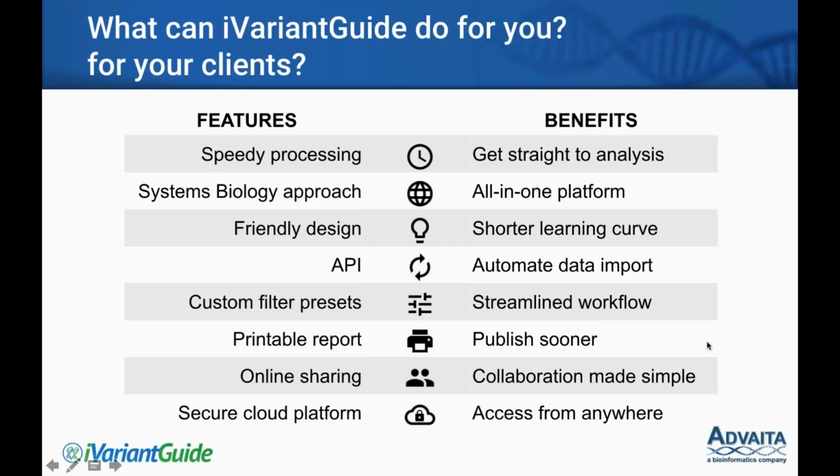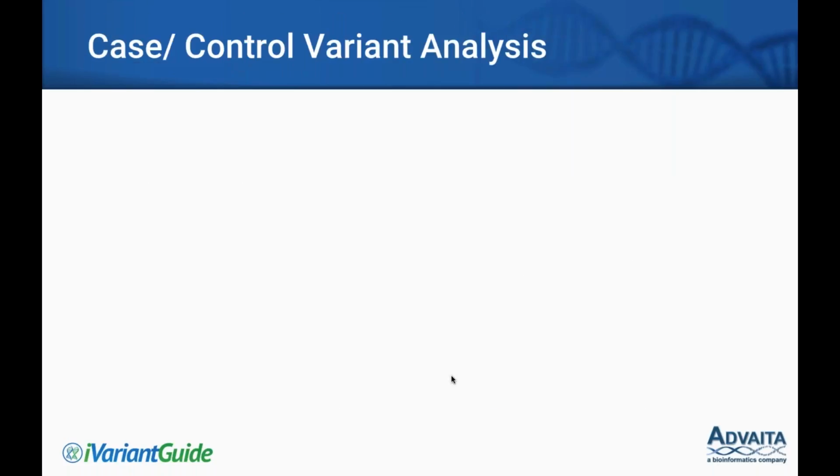We also feature a printable report, which is a summary of your results generated automatically as a PDF, and online sharing, which allows you to send your interactive analysis to a colleague via email, making collaboration simple. Our entire platform is hosted on the cloud, which means you can access it from anywhere. You can do this analysis from your couch or your office, depending on the day.